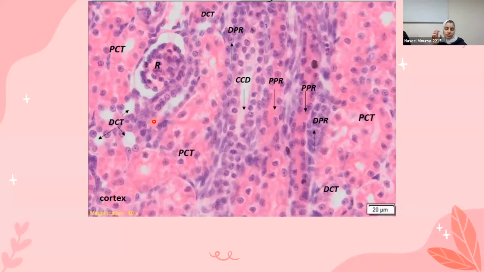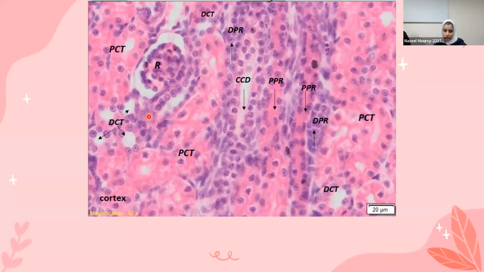So now we zoomed in. We have this part here and this part here. One of them is the cortical labyrinth and one of them is the medullary rays. So this section, the one on your left, is this the cortical labyrinth or the medullary rays?